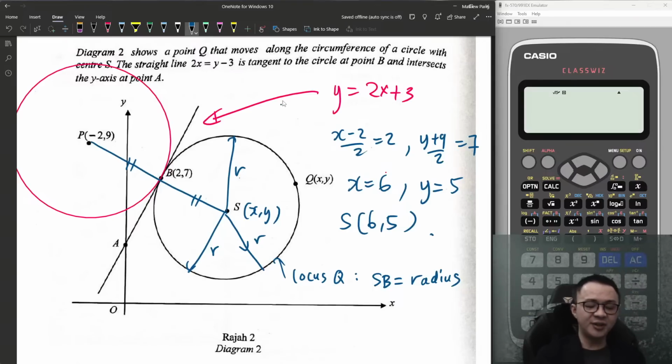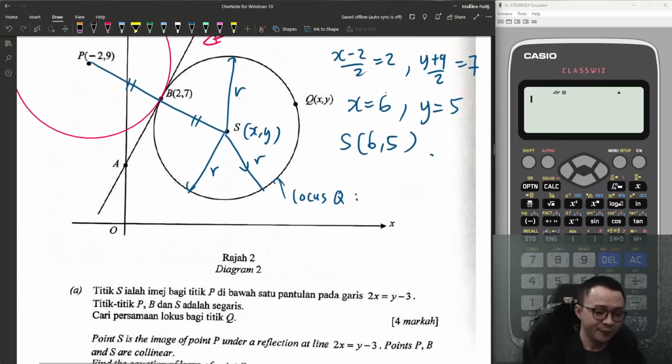So right now I want to find the length of the radius, and once I get it, I can use the distance formula to find the equation of the locus.